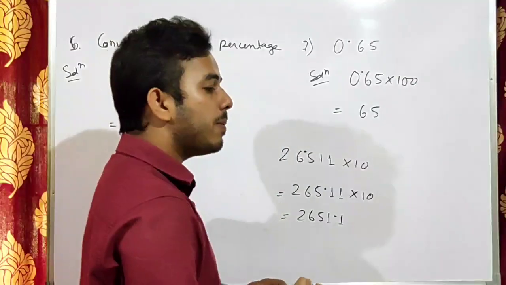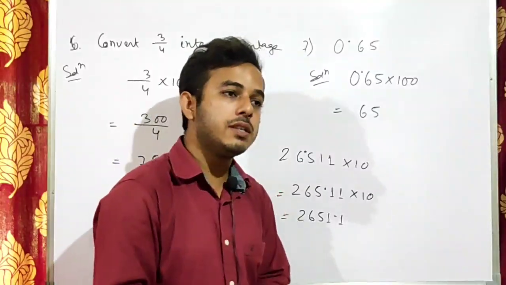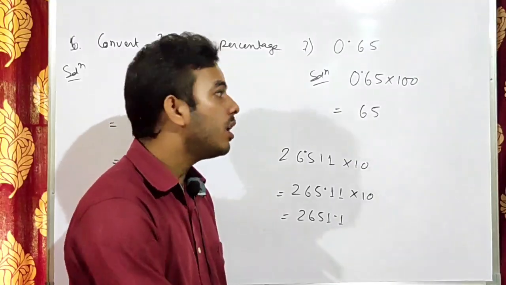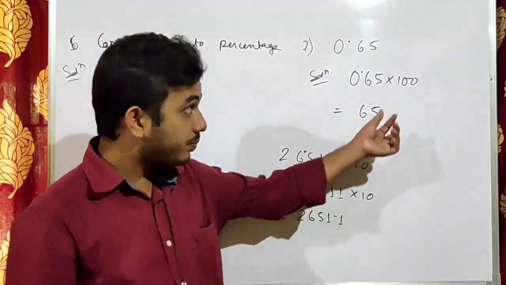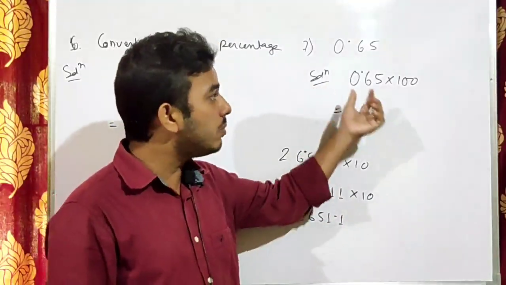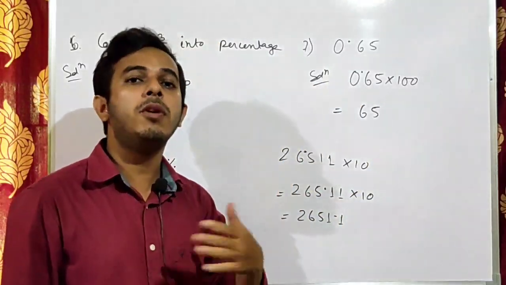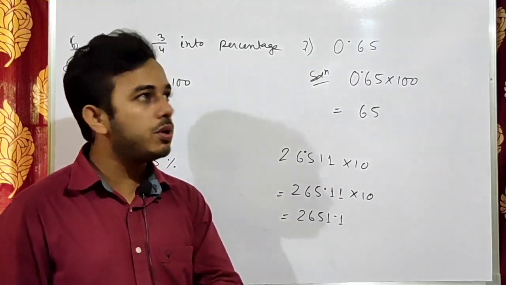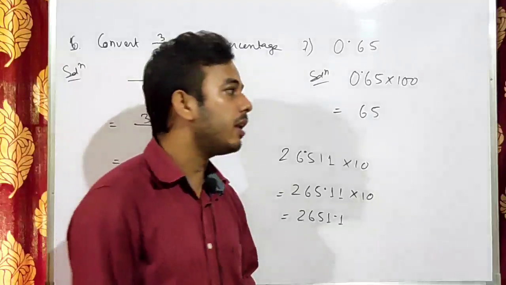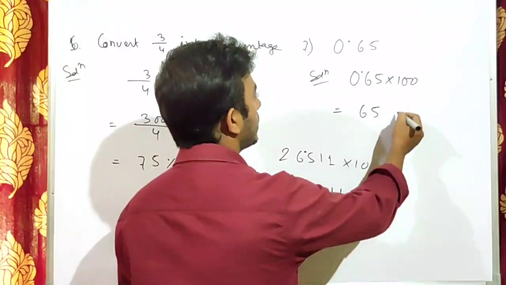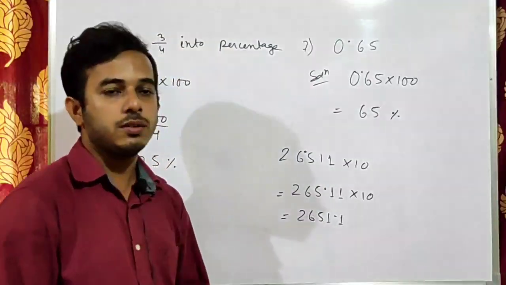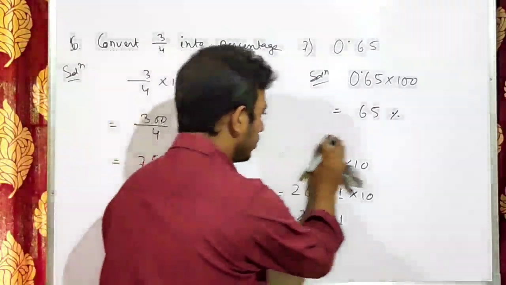Clear? That is, by multiplying with 10, the decimal moves 1 digit towards the right side. So here we are multiplying with 100, so the decimal will move 2 digits. So it will be 65. Clear? And then we put the percent sign. Very easy, right? I hope this is clear to you.